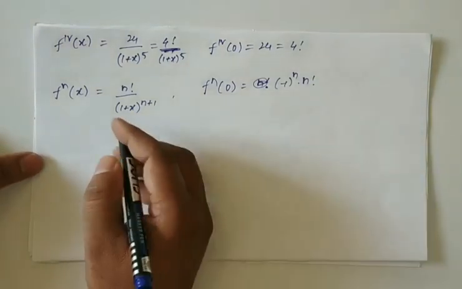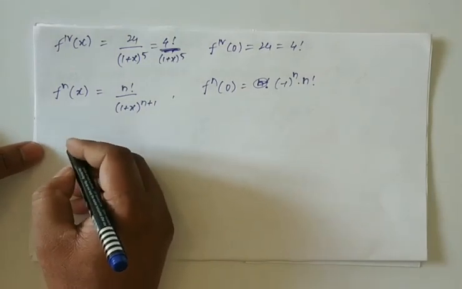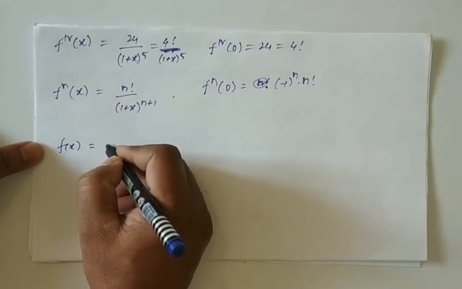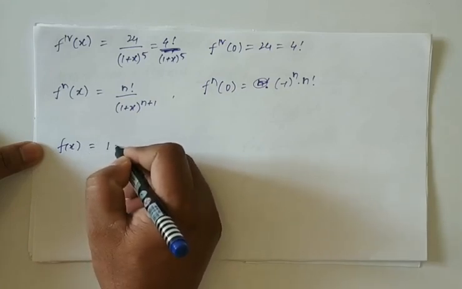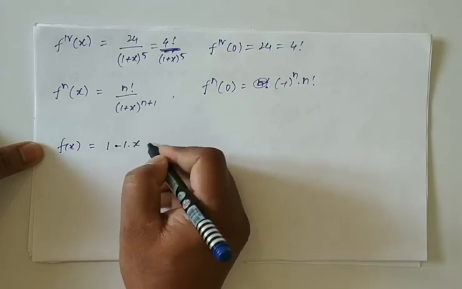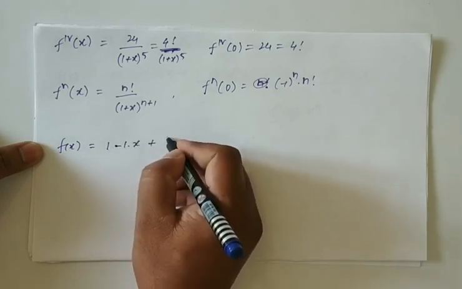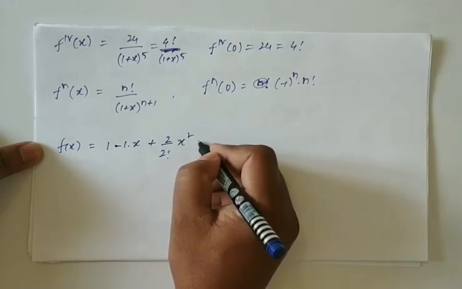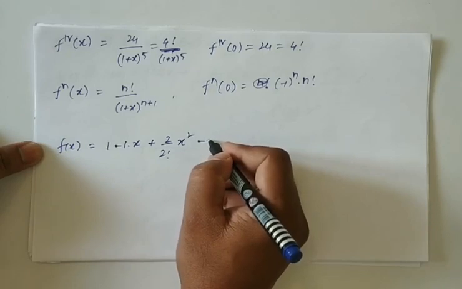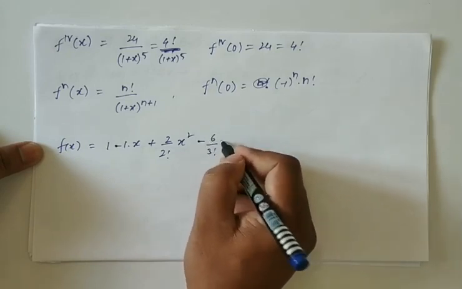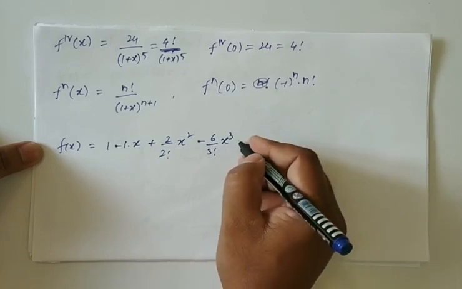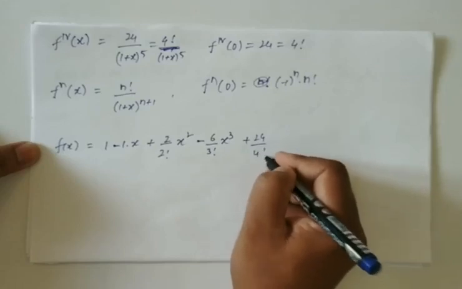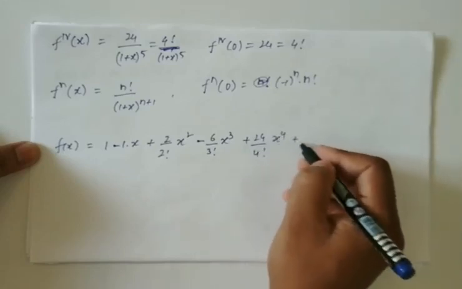Now, what is the Maclaurin series? f(x) = f(0), which is 1, plus f'(0), which is -1, times x, plus f''(0), which is 2 by 2 factorial, x², plus f'''(0), which is -6 by 3 factorial, x³, plus f⁗(0), which is 24 by 4 factorial, x⁴, and so on.